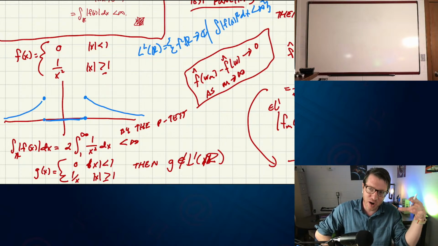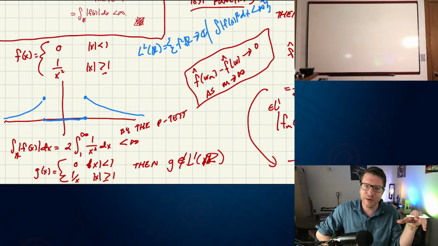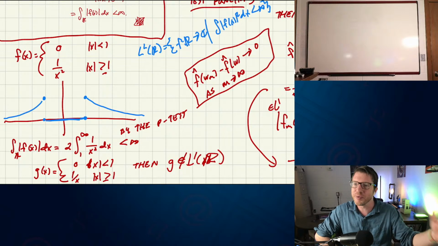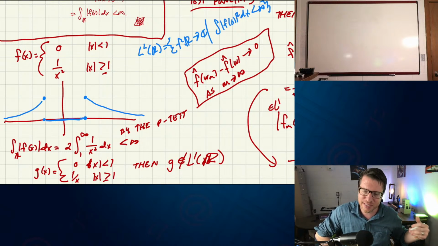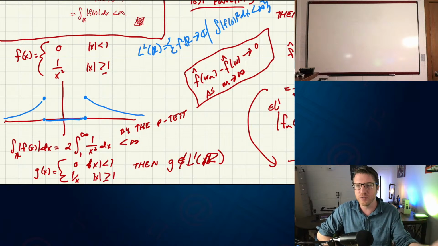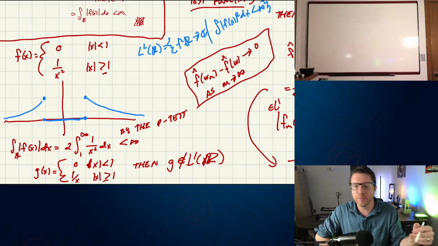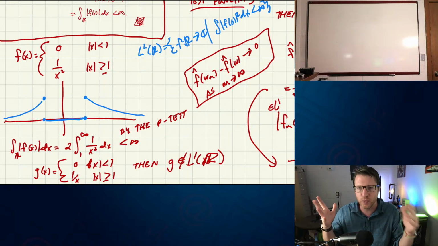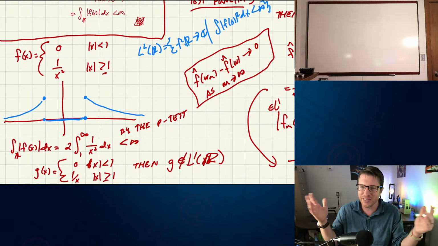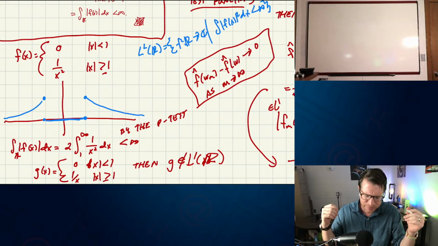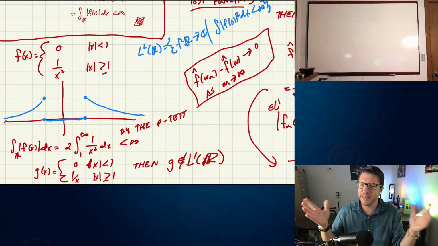Schwartz space functions are in L2, and then we'll show the continuity of the Fourier transform with respect to the L2 norm, and then all that together will allow us to get a definition of the Fourier transform on any L2 function through limits. So it'll be a slightly different kind of definition, but in practice we just write the Fourier transform so people don't get confused, because it'd be really cumbersome to pull out a sequence every single time you want to work with it. So yeah. Is that clear? I don't know.